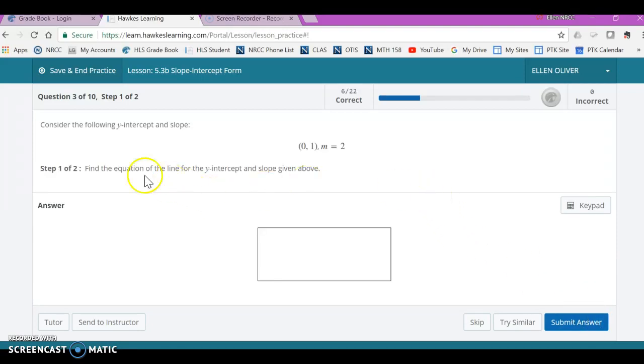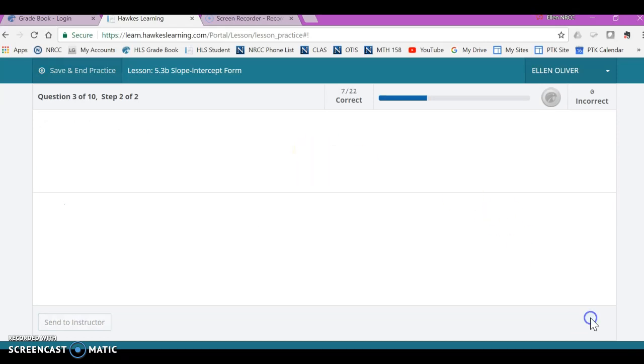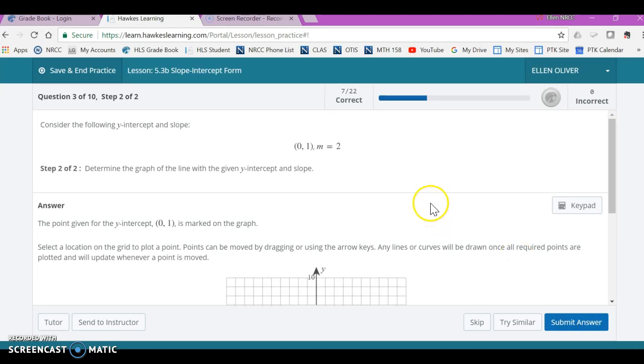All right, step 1 here, find the equation of the line. Well, it's already super easy. They don't tell you what format, but the format that you have learned right now is y equals mx plus b. Well, m is 2. And then your b is +1, so you're just going to have +1 here. Now we're going to graph it.